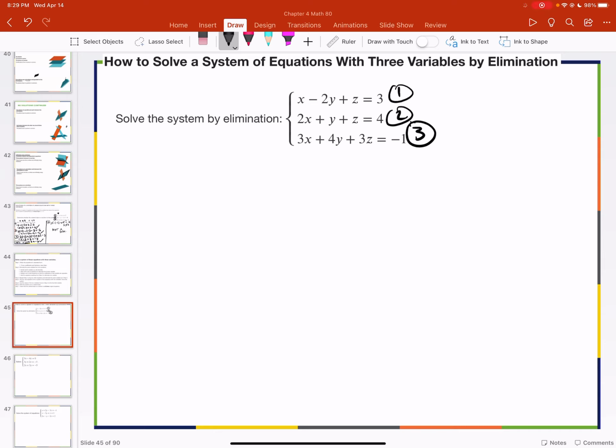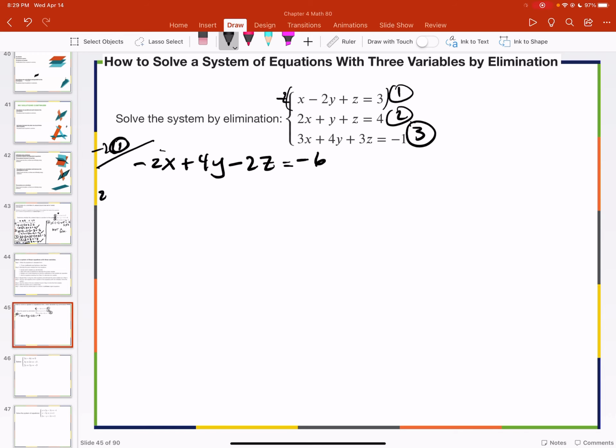I'm going to get rid of the x. I'm going to use 1 and 2. So I'm going to multiply the first one by negative 2. So negative 2 times equation 1 is going to look like negative 2x plus 4y minus 2z is equal to negative 6.